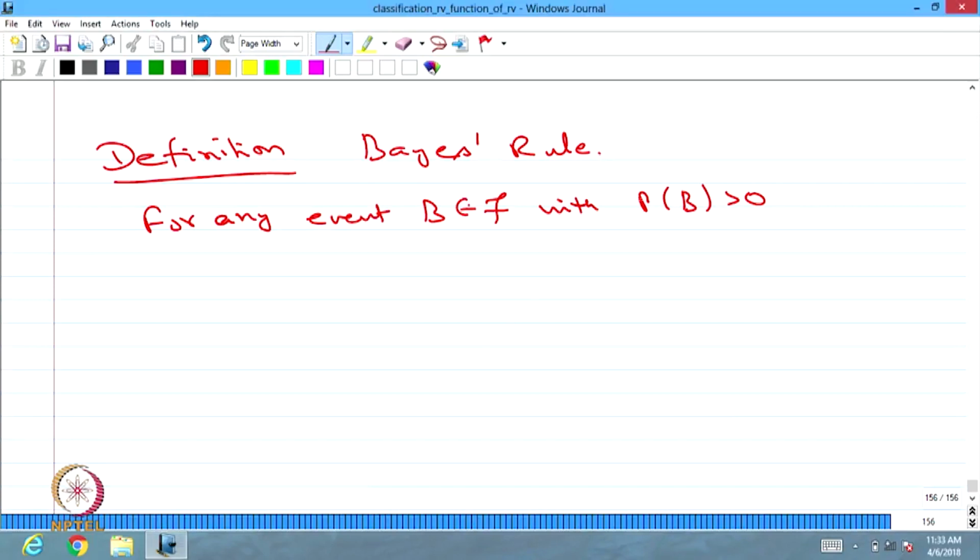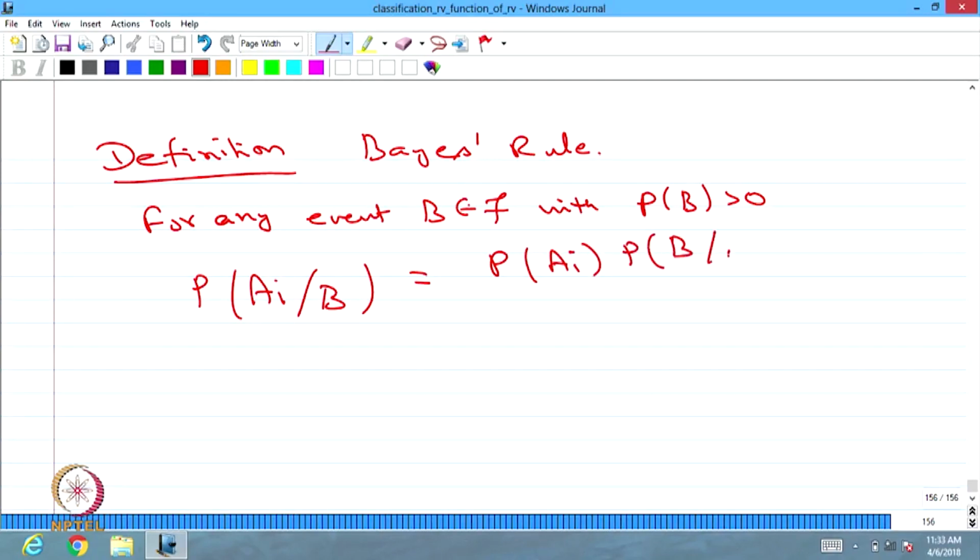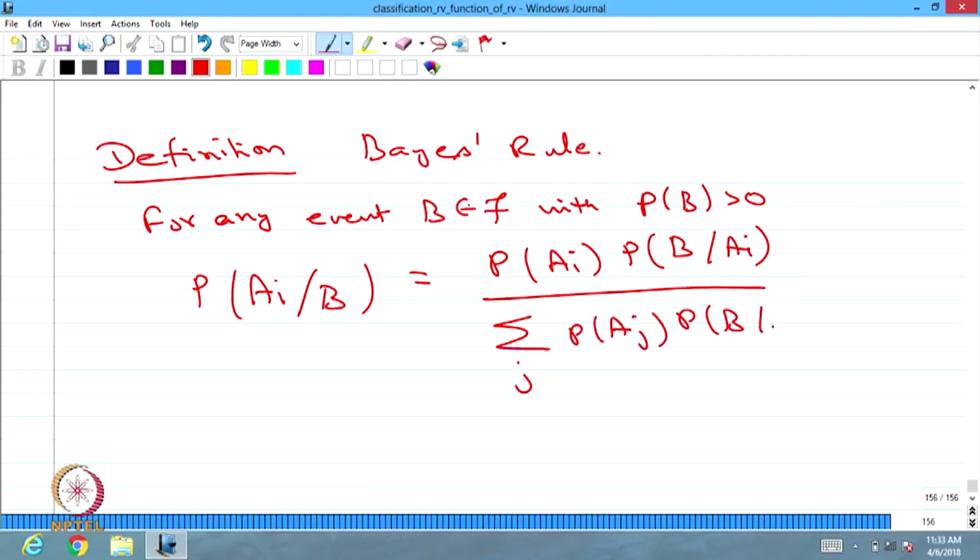Now we are making P of B also greater than 0. In that case, one can find P of the partition event Ai given B, that is the same as P of Ai multiplied by P of B given Ai divided by the summation over j of P of Aj multiplied by the probability of B given Aj.